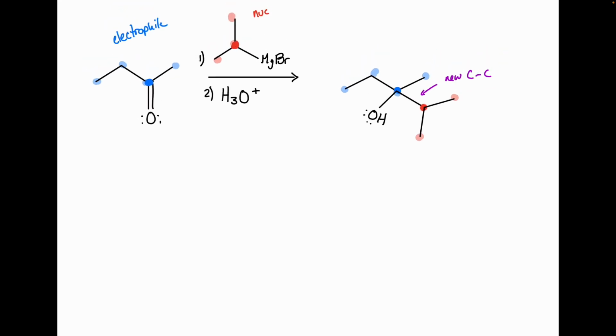All right. So now we're going to work on going the other way here. What if we're given an alcohol product, and we want to propose how we can synthesize it using a Grignard reaction?